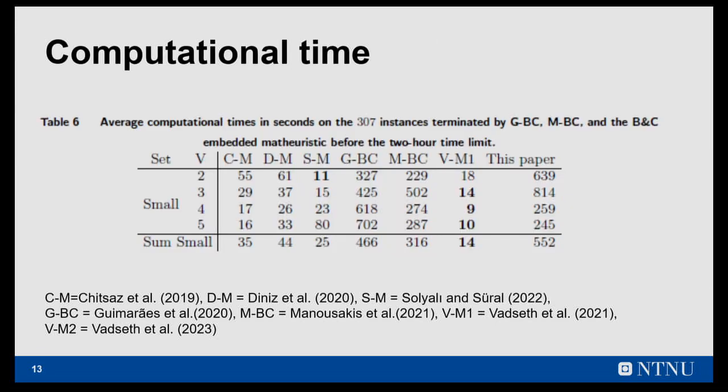And if we compare the computational times, we just compare on the 307 instances that are solved to optimality by all the exact methods we compare with, just to not skew the averages too much. We see that on average we're slightly slower than the other two exact methods here, but we are faster on the 4 and 5 vehicle instances.